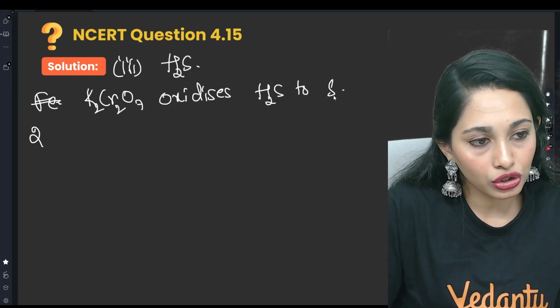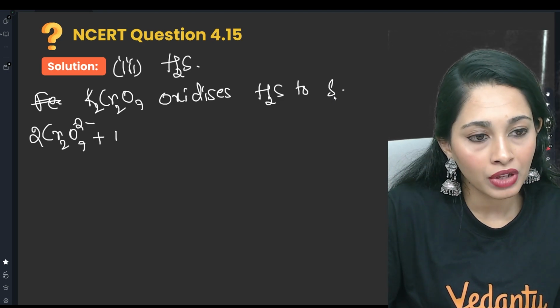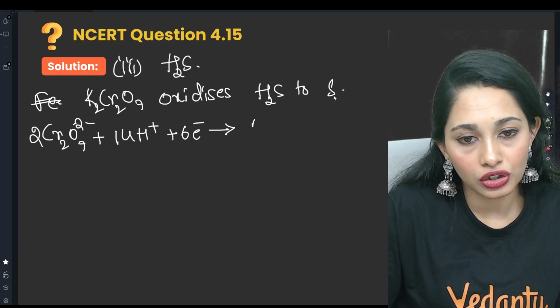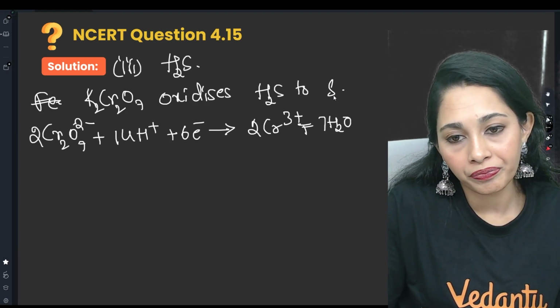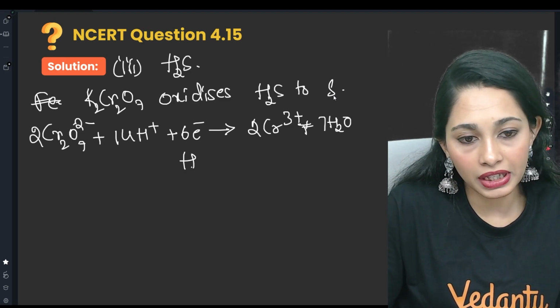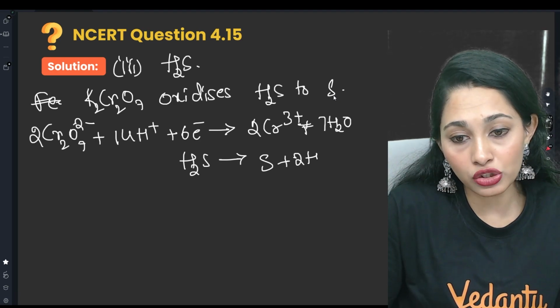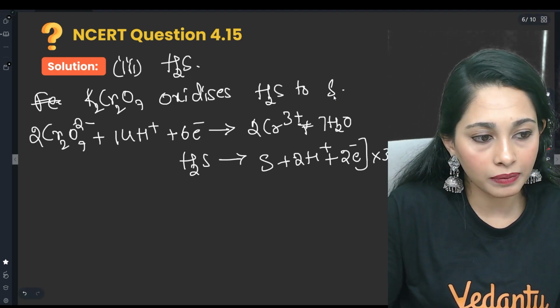The same equation: Cr2O7 2 minus plus 14H plus plus 6 electrons gives 2Cr3 plus and 7H2O. So H2S is being oxidized to S: H2S gives S plus 2H plus plus 2 electrons. This will be multiplied by 3.